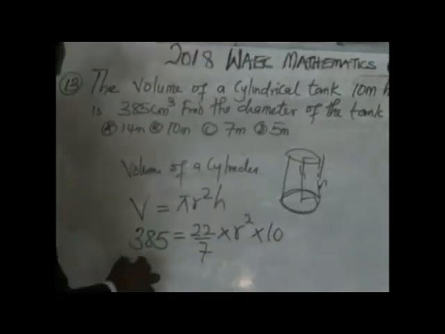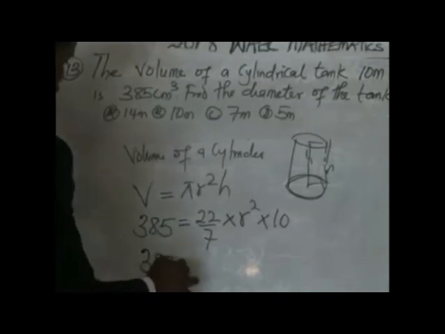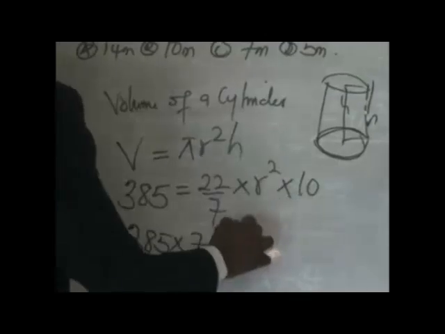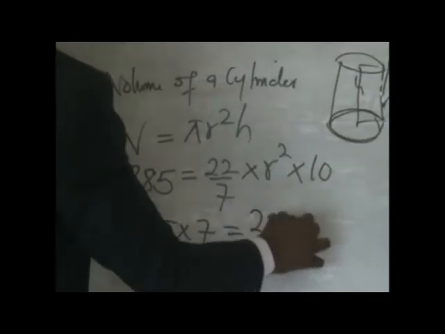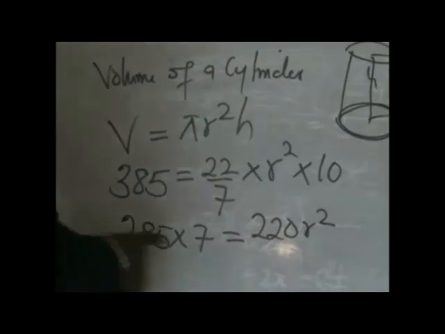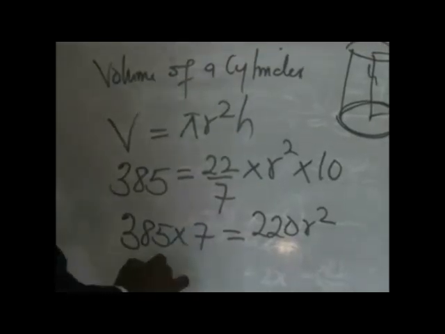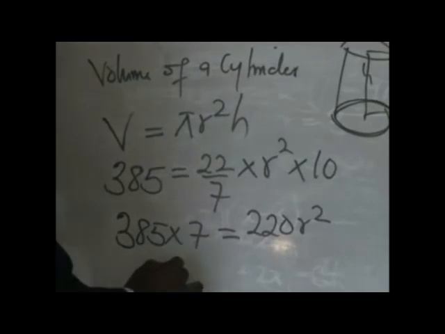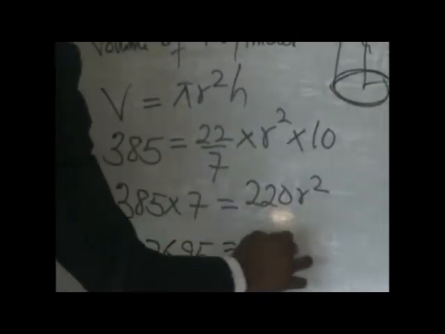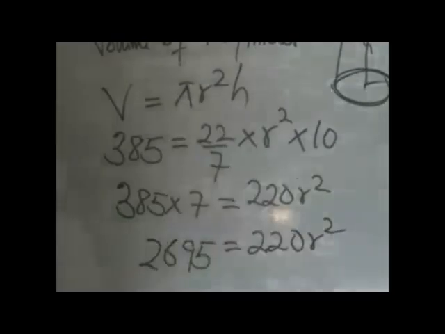So what to do is to cross multiply this expression. 385 times 7 equal to 22 times 10, which will give you 220 r squared. Are you following now? If you put your calculator, this will give you 2695 equal to 220 r squared.